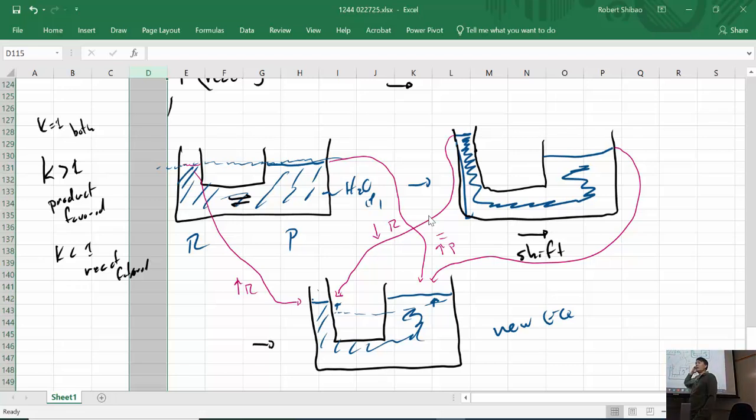So you have to be careful: what are they asking? Sometimes they'll ask whether the reactant increases or decreases. Well, it depends on where you're talking from. If you're talking from the initial, the reactant increases. If you're talking post-perturbed, then it decreased. So just be aware of that.